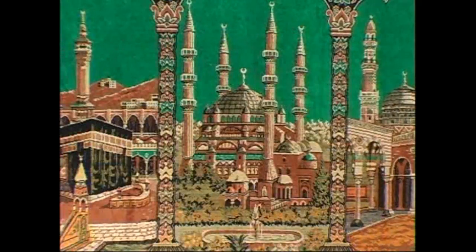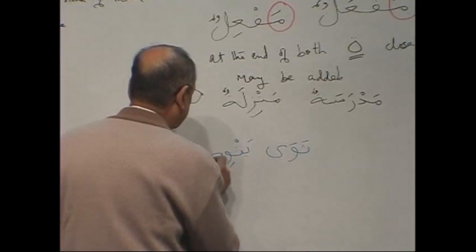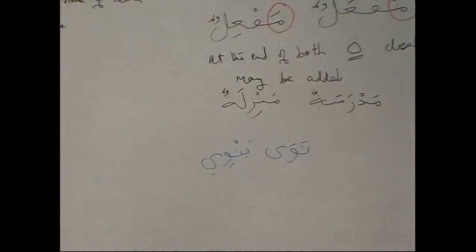So, brothers and sisters, Mathwan is your Ismu Laysa, and it is Ismu Makan. Tell me, brother and sister, what is the verb? Thawa, thawa yathwi. Got the idea, brothers and sisters? Thawa yathwi.